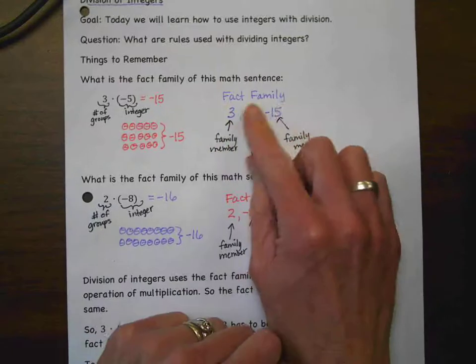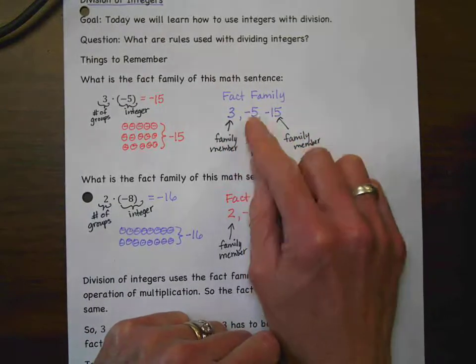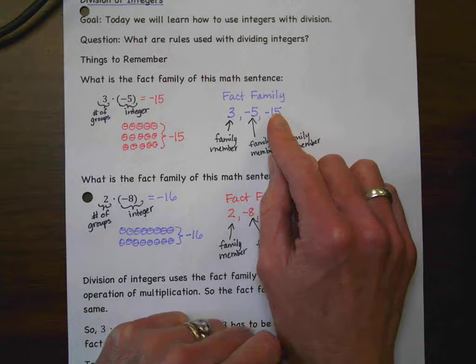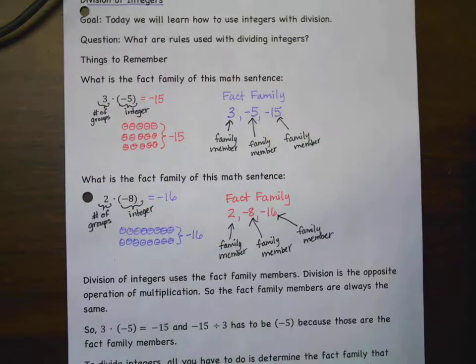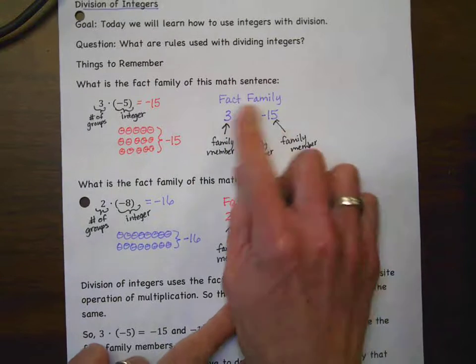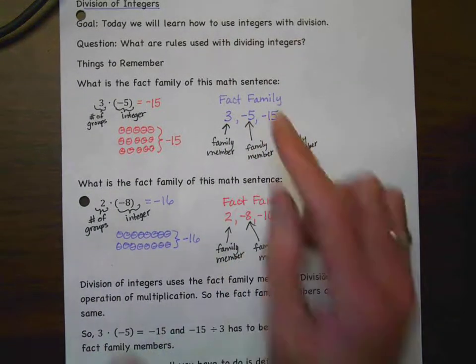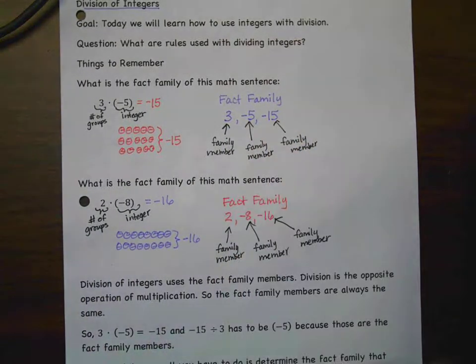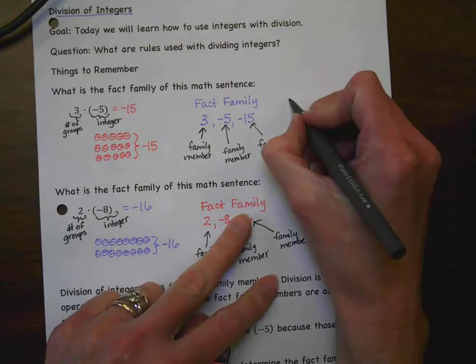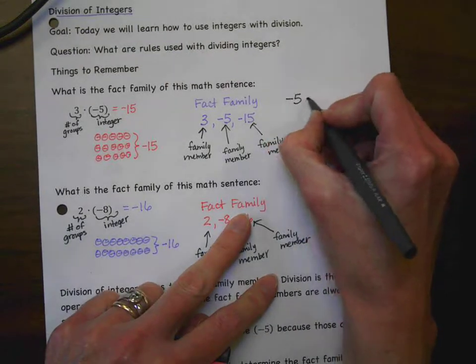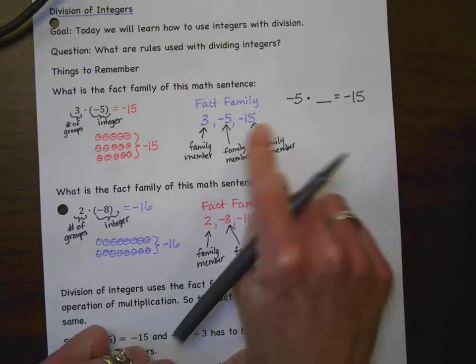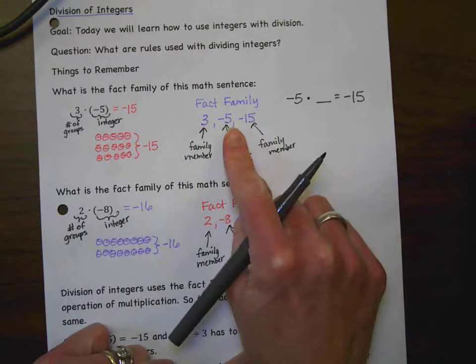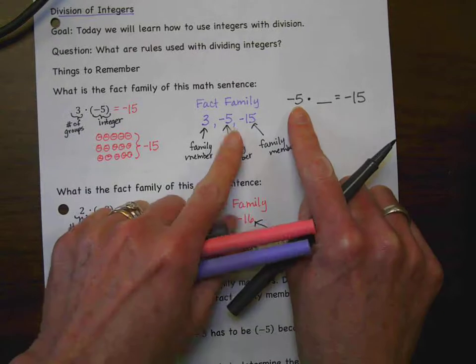So let's go back up to here. We have the fact family members, 3, -5, and 15. We already identified it. In this problem, it says 3 times -5 equals -15. Remember, boys and girls, these are the only family members. So if I write a problem that says this, -5 times what number gives me a -15, well, using your fact family members, you can figure out who's missing.